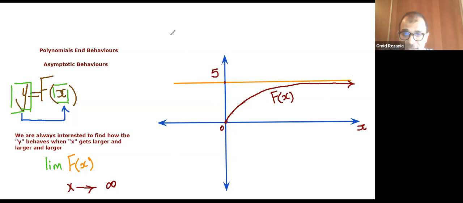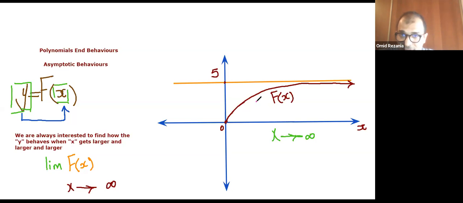You can represent this on the x-axis like that. You say that x is going to infinity, because you see that, for example, you are here and you walk all the way along with the function.